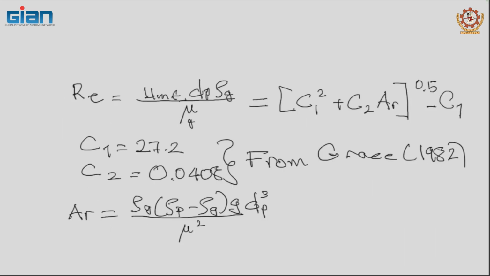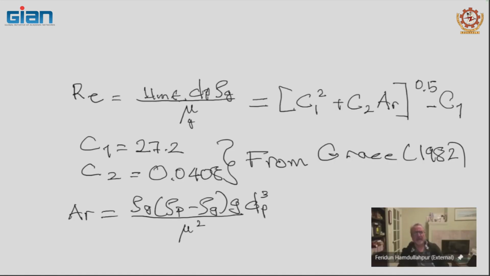So from there, this is again the Reynolds number definition, and this is further expressed through correlations from experimental data by somebody I mentioned yesterday, the late Professor John Grace. This is one of the most critical contributions, translated into this form in which C1 is 27.2 and C2 is 0.0408.